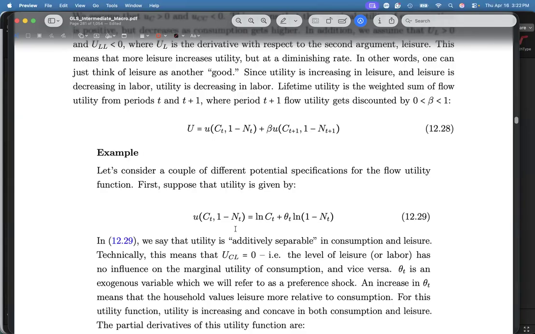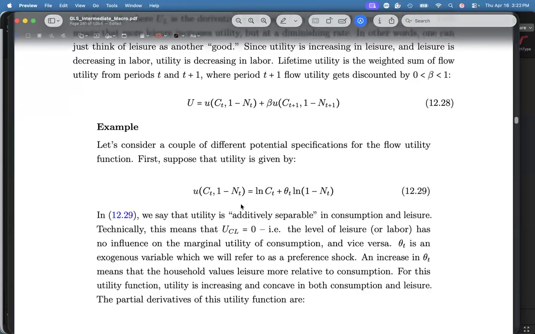Okay, so the example here, guys, will give you a couple of examples of what this sort of utility function looks like. 12.29 is just the ln utility function. And the ln utility function, maybe you didn't encounter this in your Googling when you were studying the CRRA, but the ln utility function essentially is the CRRA when the sigma is equal to 1.